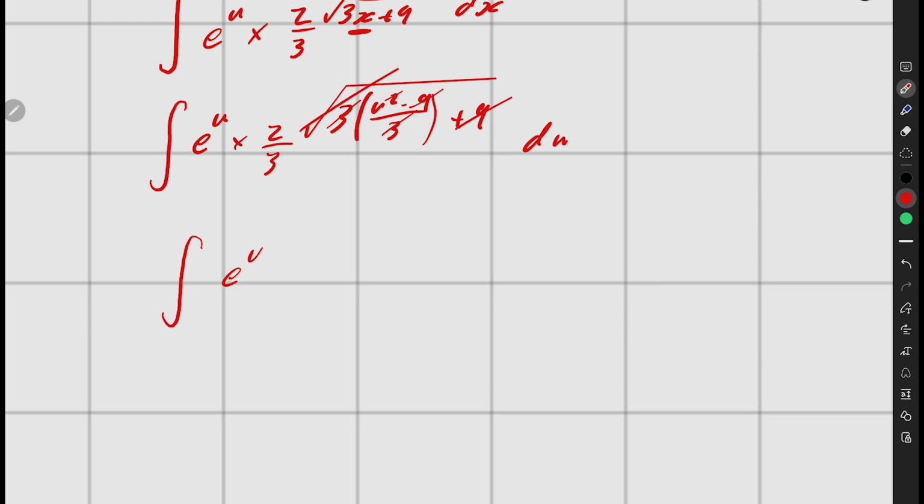So we're going to have e to the u times 2 divided by 3. So our 3's are going to cancel out. We're going to have u squared minus 9 plus 9 du. 9's cancel out. And because we have a square root inside and it's being squared, we can cancel that out as well.